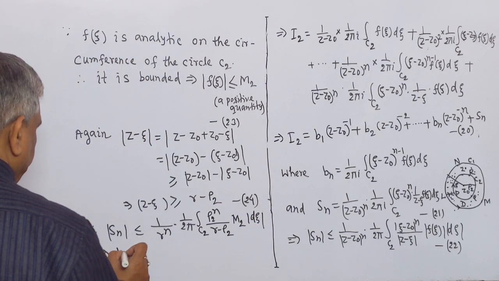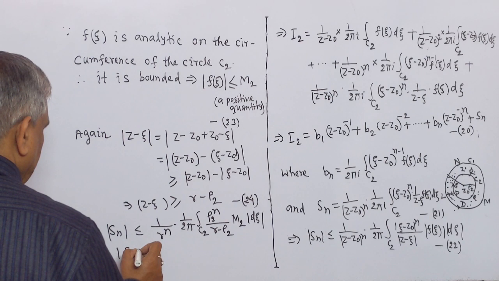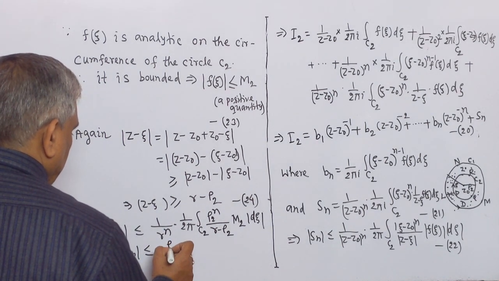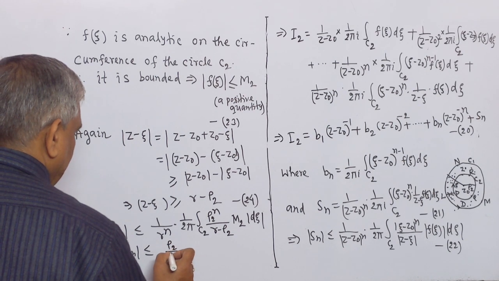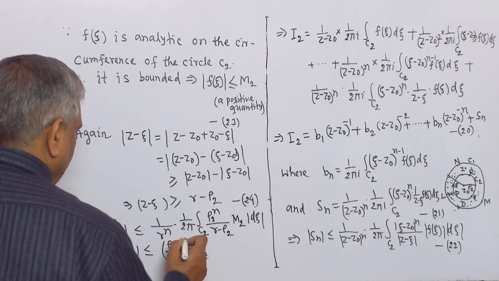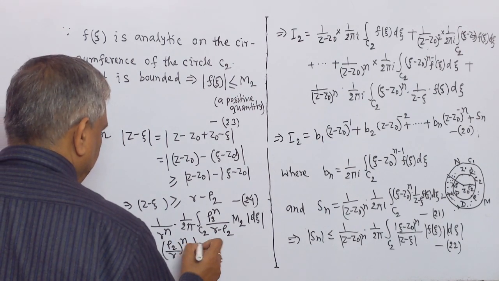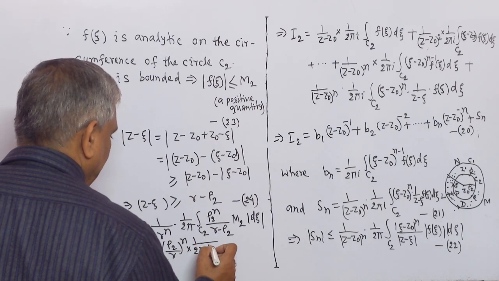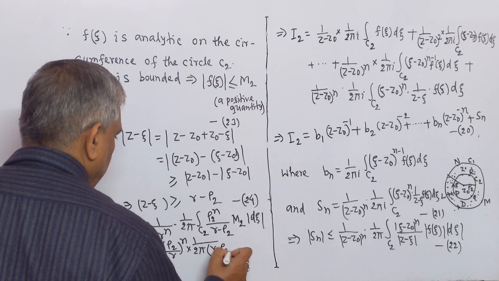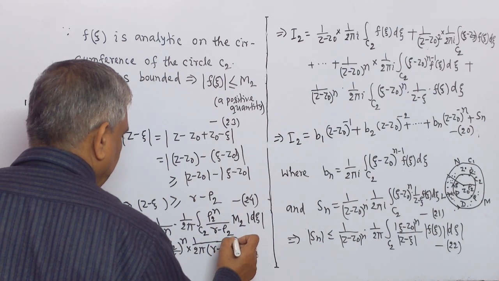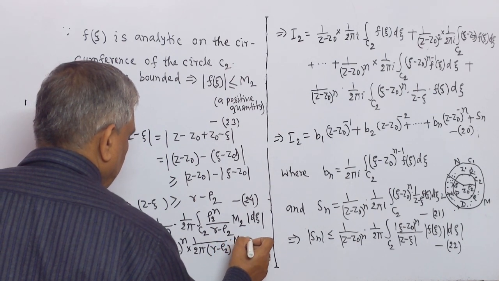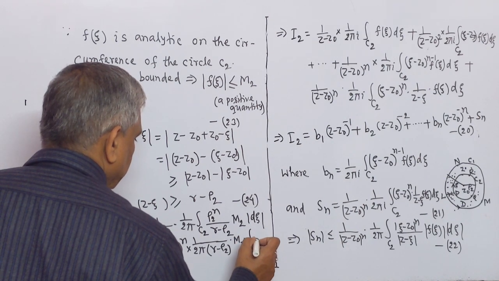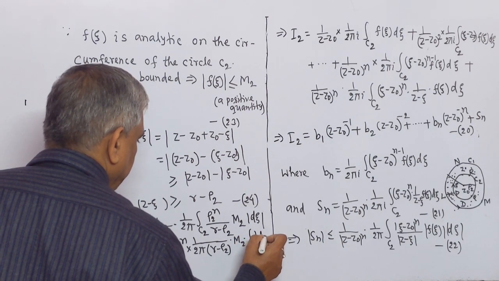Implies that modulus of Sn less than equal to rho 2 by r to the power n multiply 1 by 2 pi multiply 1 by r minus rho 2 multiply m2 multiply integration along the circle C2 modulus of d xi.